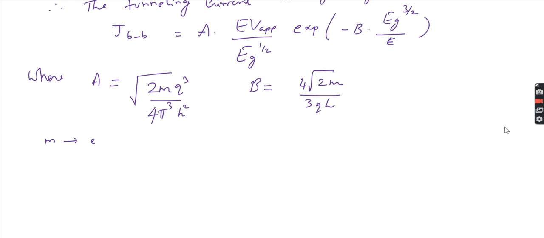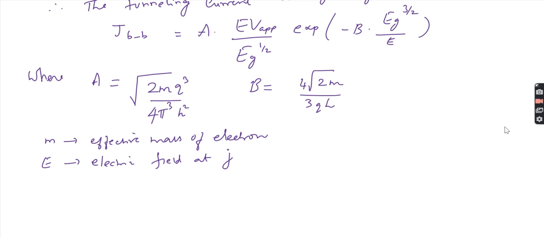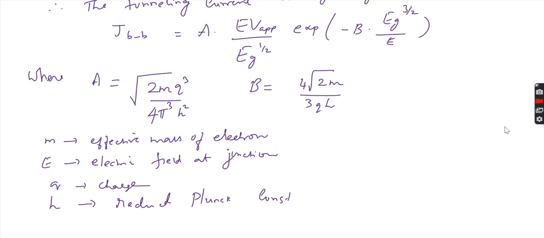Here the parameter m is nothing but the effective mass of electron, E is the electric field at the junction, q is the charge, and h is the reduced Planck constant.